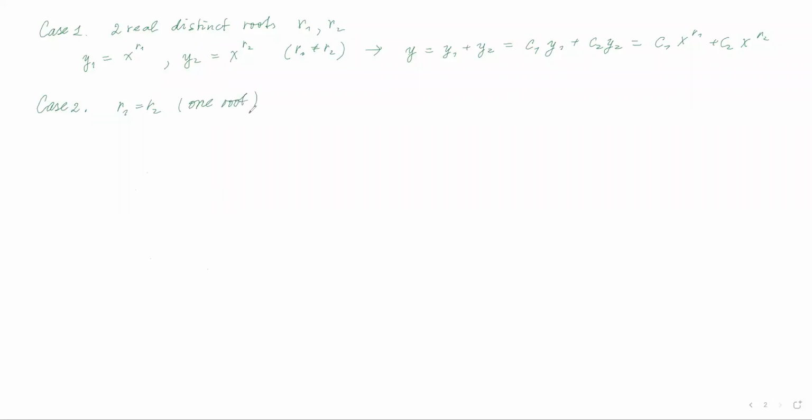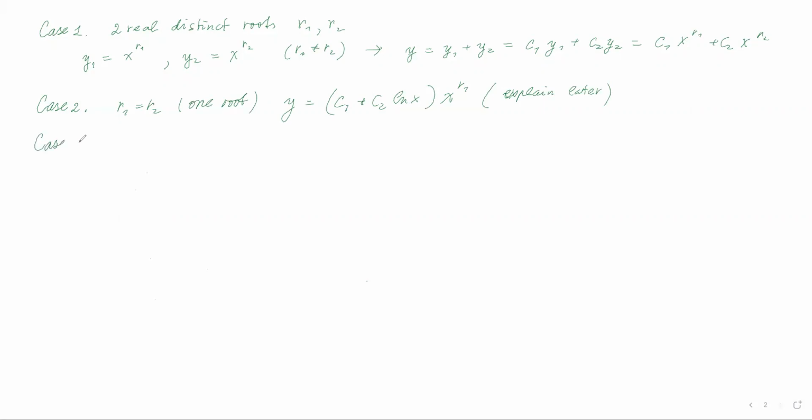I'm going to write down the final answer and explain it a little bit later. So y is going to be equal to c1 plus c2 ln of x. Looks a little bit strange. We never had ln before, right? Explain later, in the same lecture, just a little bit later.